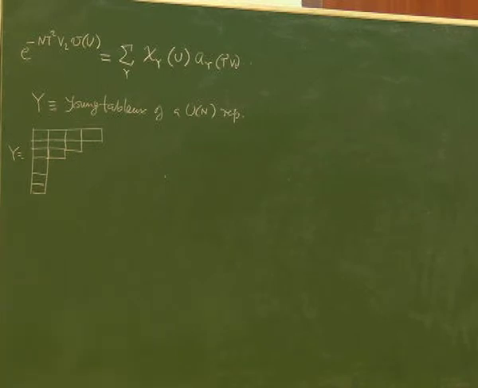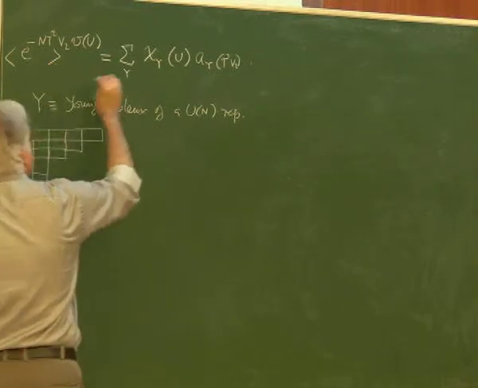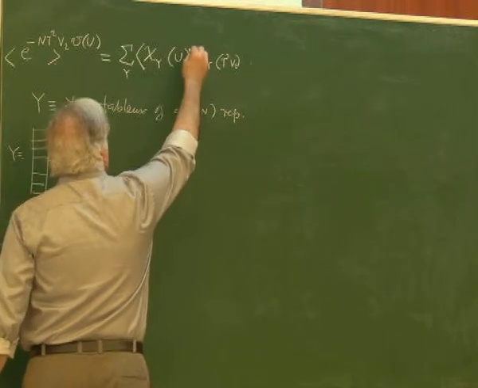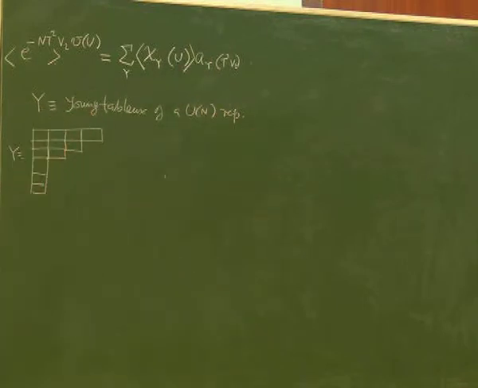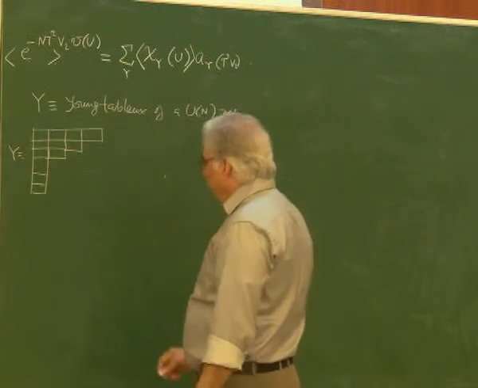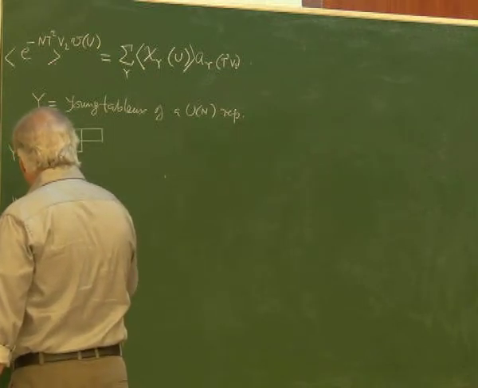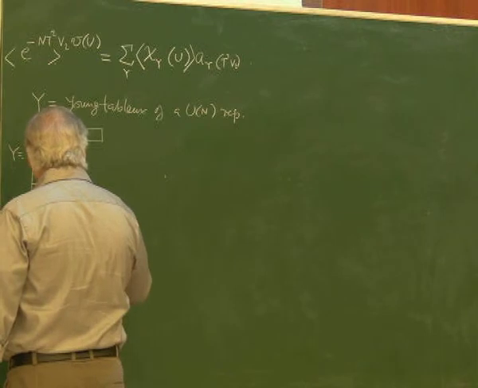Okay, this is true. So therefore, this expectation value is this expectation value, right? So we want to make statements now about the expectation value of the character of the unitary group given by the Young tableau, and the number of boxes of this Young tableau I will call small n.